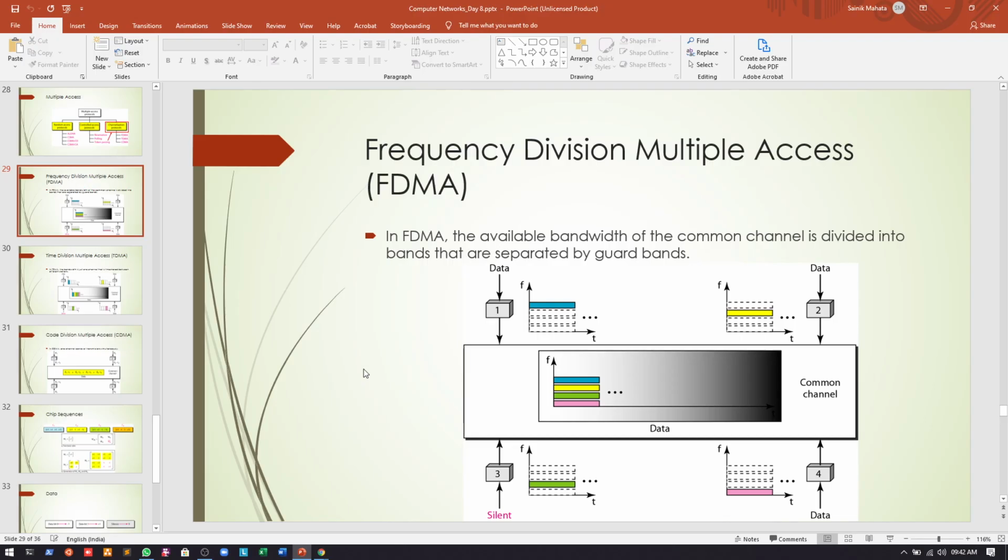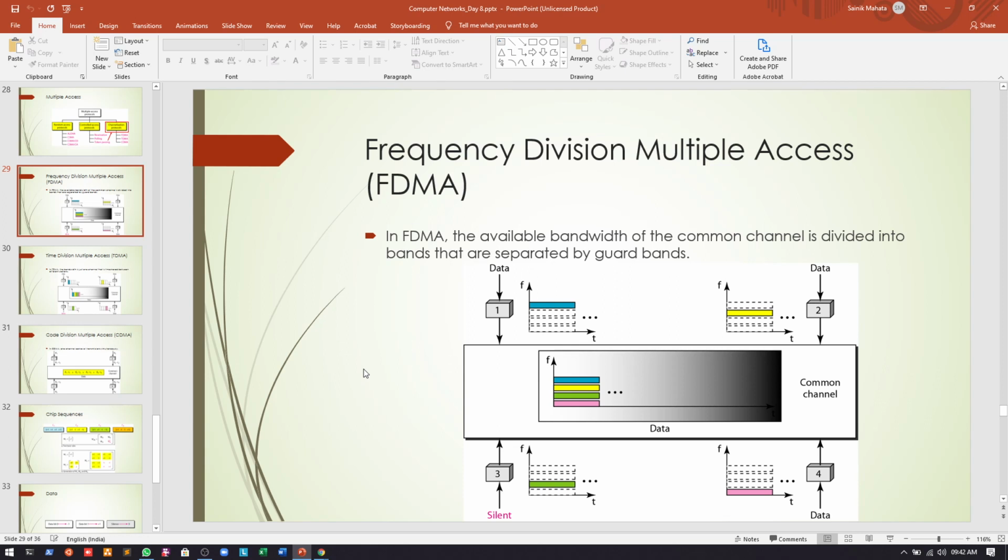Now we have seen an example previously also. Consider FM radio stations. All the radio stations that we have in Kolkata, for example, are trying to send data at the same time, right? The channel we are talking about starts from 88.7 or 88 till 107, I guess. So we will give separate frequencies for separate stations.